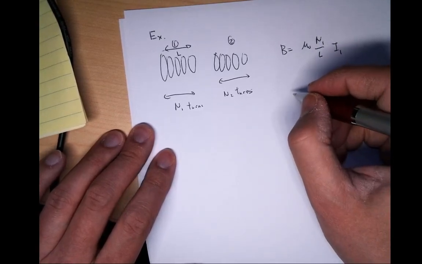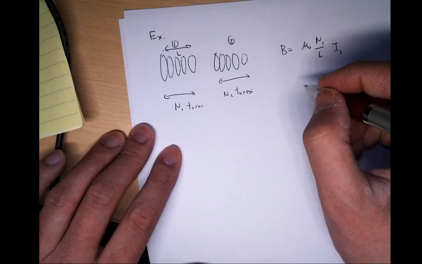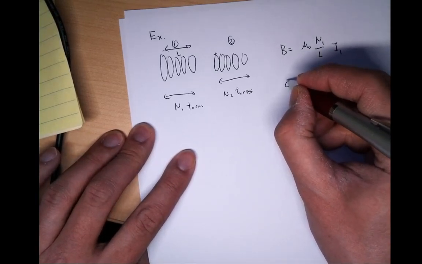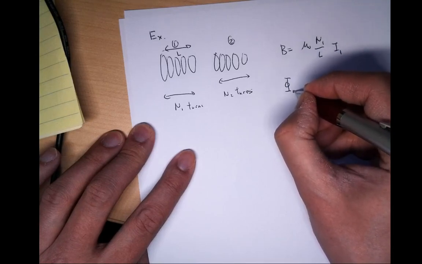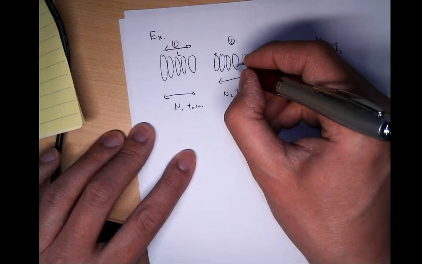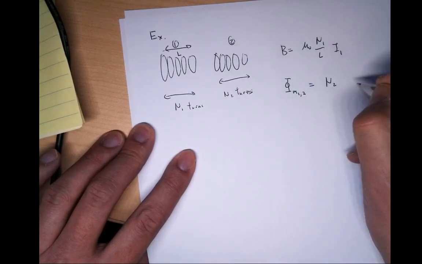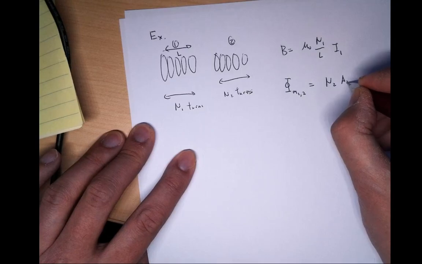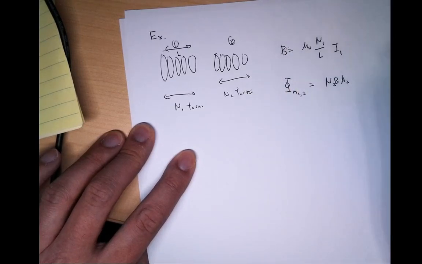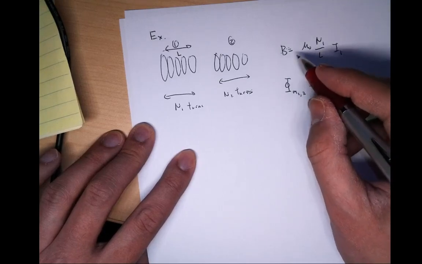So the flux from 1 on 2, well, there's N2 turns here, right? Each turn has area A2, and there's a B field here, and the B field will be from solenoid 1.